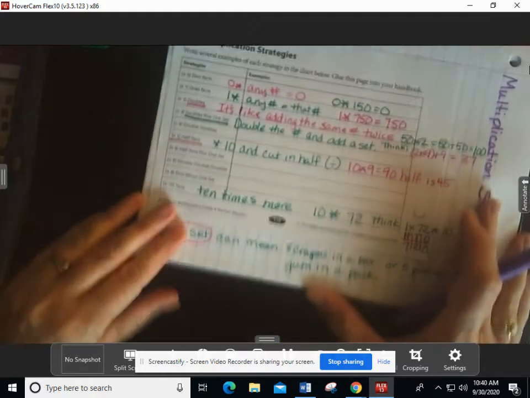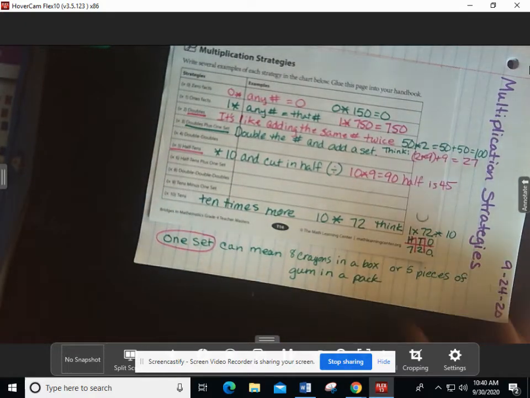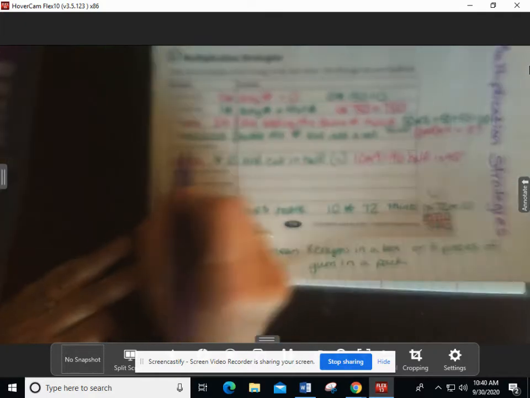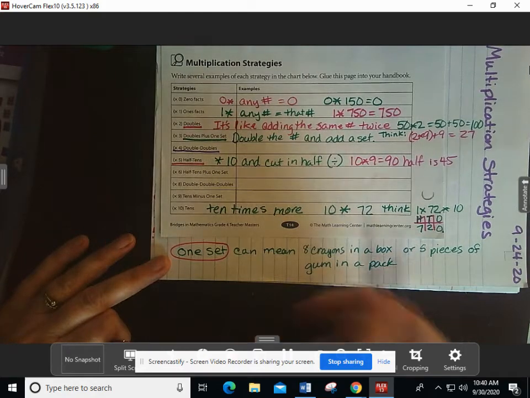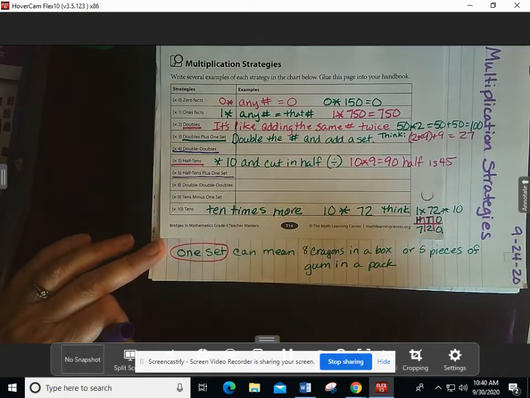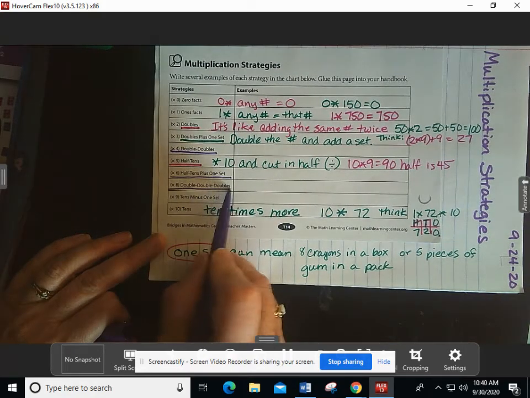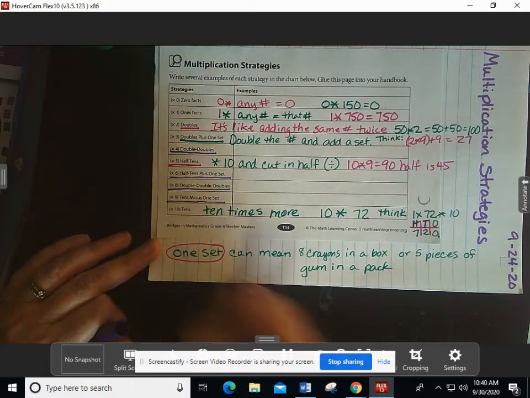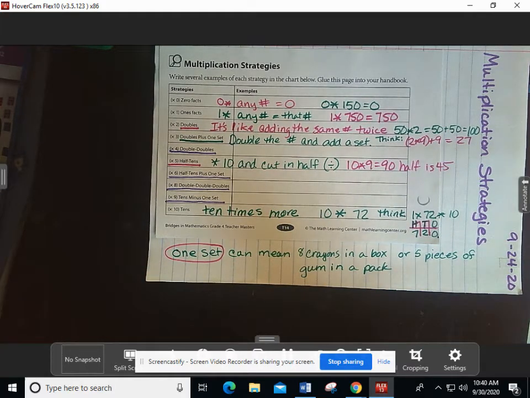Okay, before we can get into our next game, we need to go to this page because this page has empty numbers on it. Notice the empty numbers that are on it. The double-double, the half 10 plus 1, or in other words, times 6. The double-double-double, and the 10s minus 1, or in other words, 9. So those are the ones we need to get out right now, please.